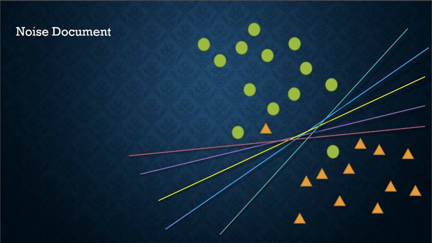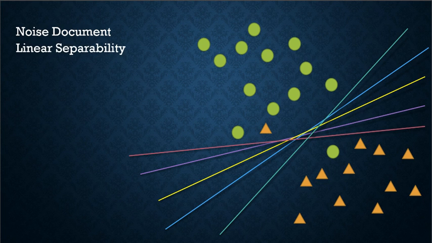When we pay too much attention to noise documents when choosing the decision hyperplane of the classifier, it will be inaccurate on new data. More fundamentally, it is usually difficult to determine which documents are noise documents and therefore potentially misleading.